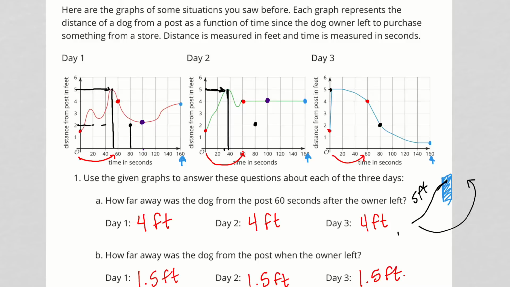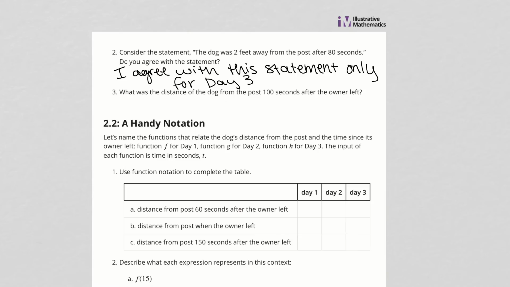All right, so at 100 seconds, our coordinate here is going to be 100. It looks like about 2.25. So on day 1, 2.25.